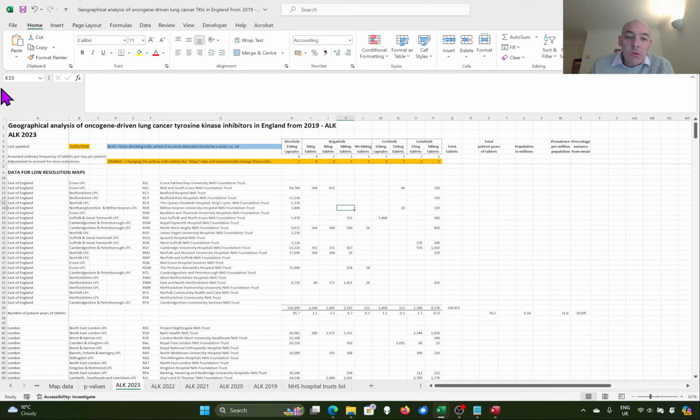I should say as well, it becomes quite tricky for the small fractional drugs like brigatinib, and I've just had to make educated guesses with these. I don't ultimately know whether some people are taking 2 lots of 90 milligrams to make 180, or whether it's a half dose, so it's 1 tablet a day for these people, or whether it's a 90 plus a 30 to make 120.